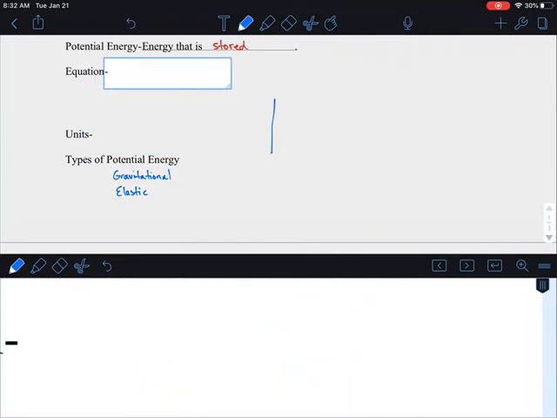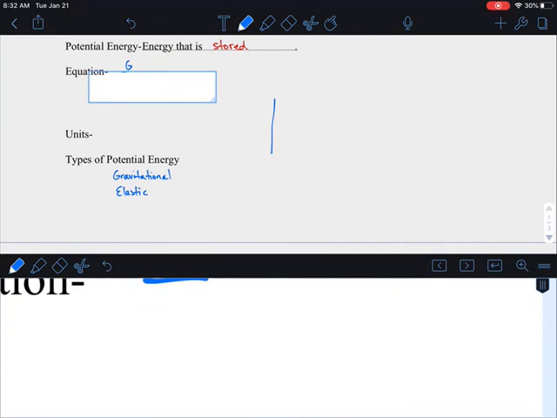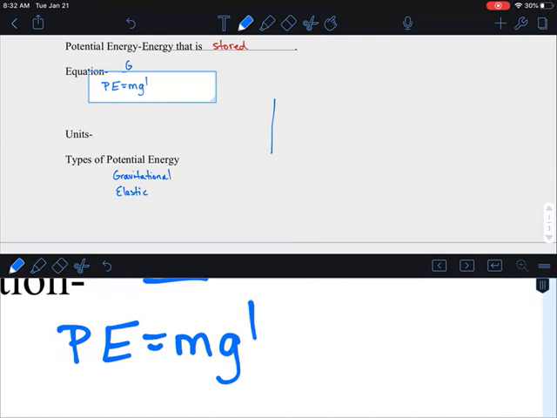So our equation for gravitational, so I'll just put G, is PE, so potential energy, equals mass times gravity, and we'll plug in a positive 9.8 here, times height. So potential energy, once again, it's going to be in joules, mass in kilograms, gravity in meters per second squared, and height in meters. Okay, so pretty simple equation.